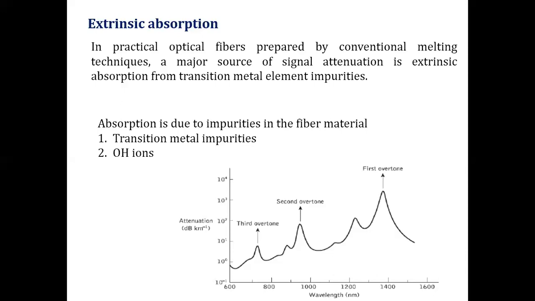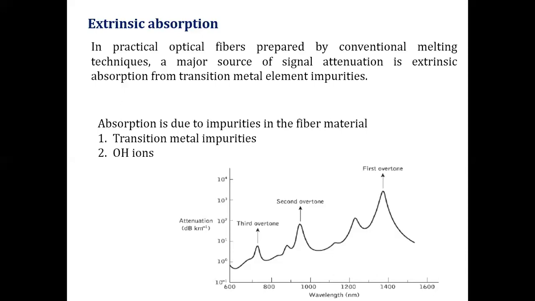The next source is OH ions. OH means water. This OH impurity results from the oxyhydrogen flame used for the hydrolysis reaction of SiCl4, silicon chloride, and germanium chloride. This type of absorption is reduced by reducing the water content in the fiber.